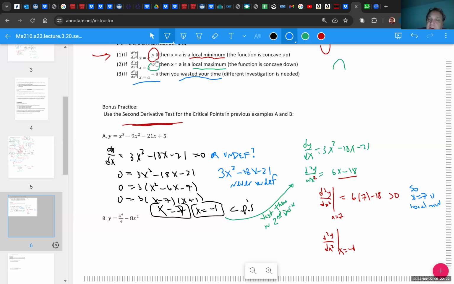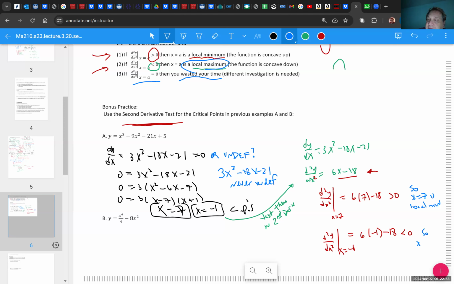Let's check the other one here. We're going to plug in -1, which is our other critical point. Again, this is our second derivative equation. Take the critical point, test it with the second derivative. 6 times -1 is -6, and -6 minus 18 is -24, less than 0. And as we remember over here, if the second derivative at a critical point is less than 0, we get a local min. So our local max.